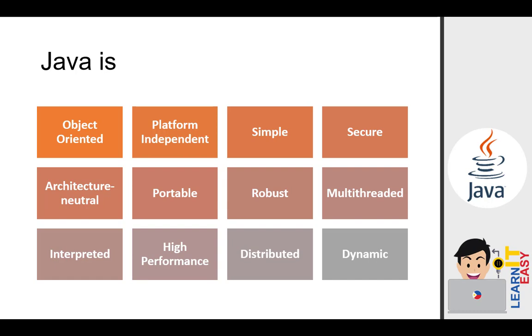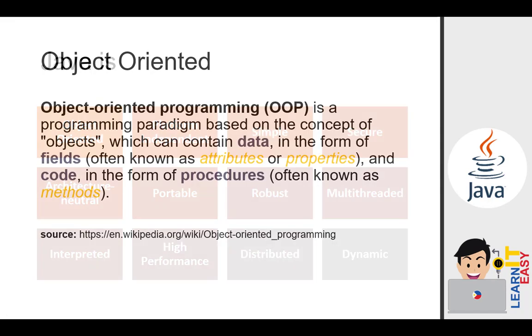The full definitions for the following can be found on the internet. It will take so much time explaining all of this in detail, so I had to pick the two most relevant features of Java, which are object-oriented and platform-independent. We will further discuss these two on the following slides.